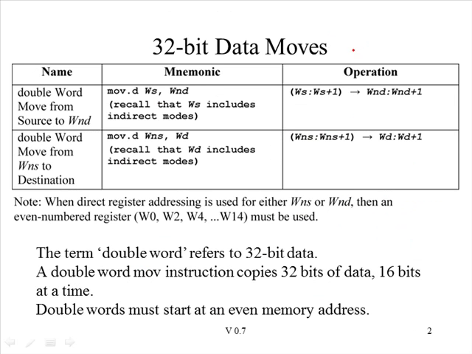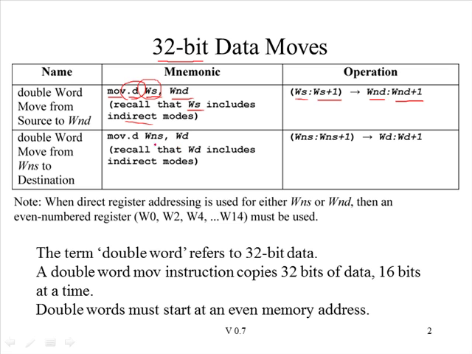Let's look at a form of the move instruction that supports a 32-bit data move. Move.d, where D stands for double word, will move the double word beginning at a source working register to a destination working register. This source working register can also include an indirect addressing mode. So this will move from working register S and S plus 1 to destination register WND and WND plus 1.